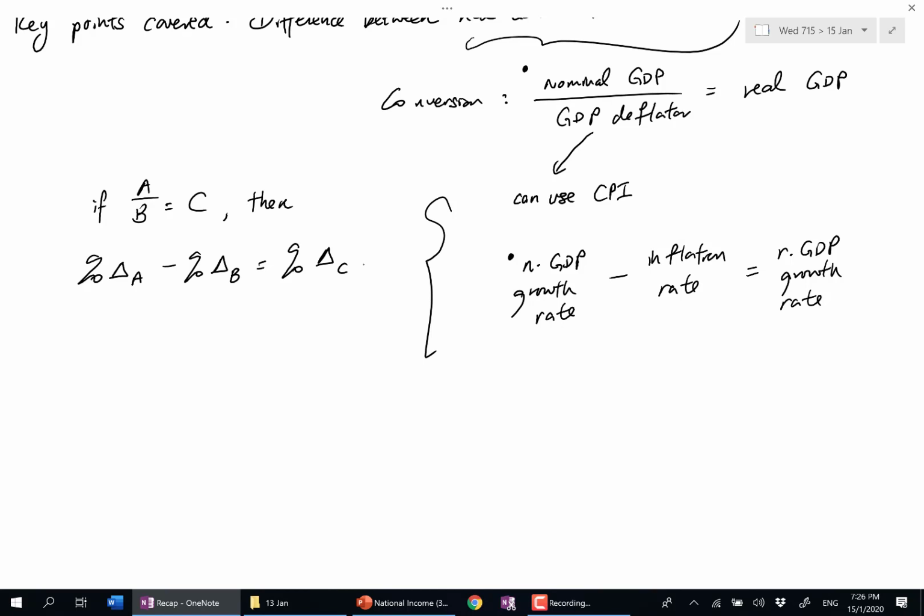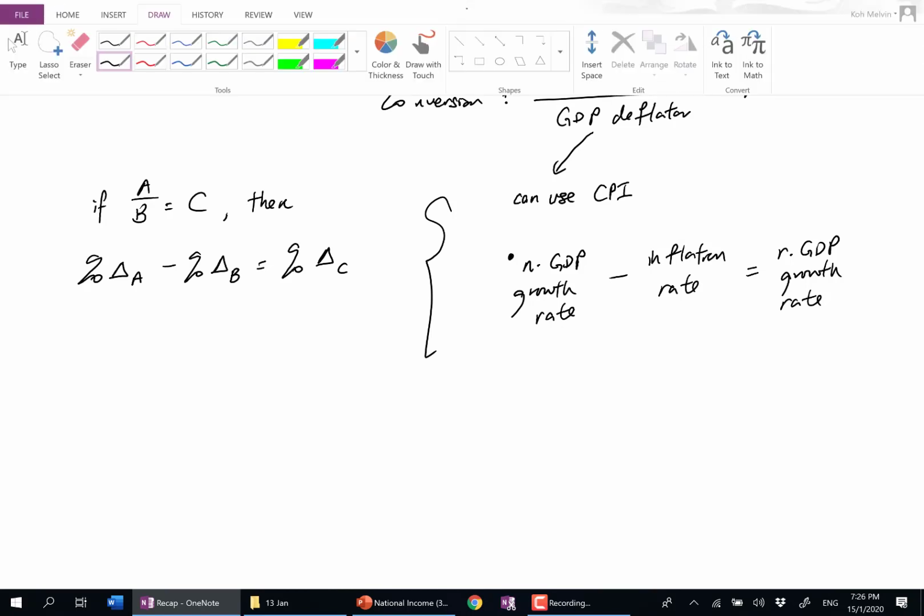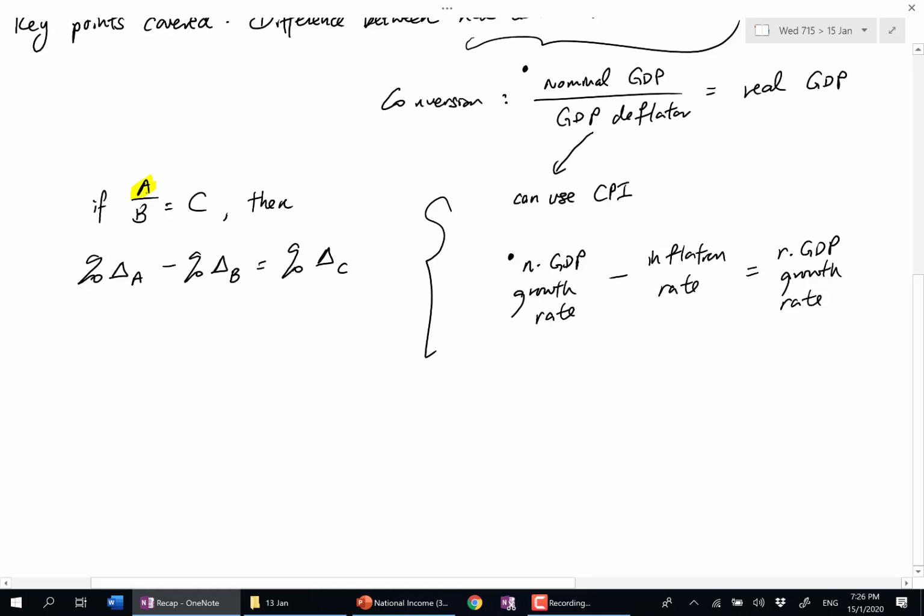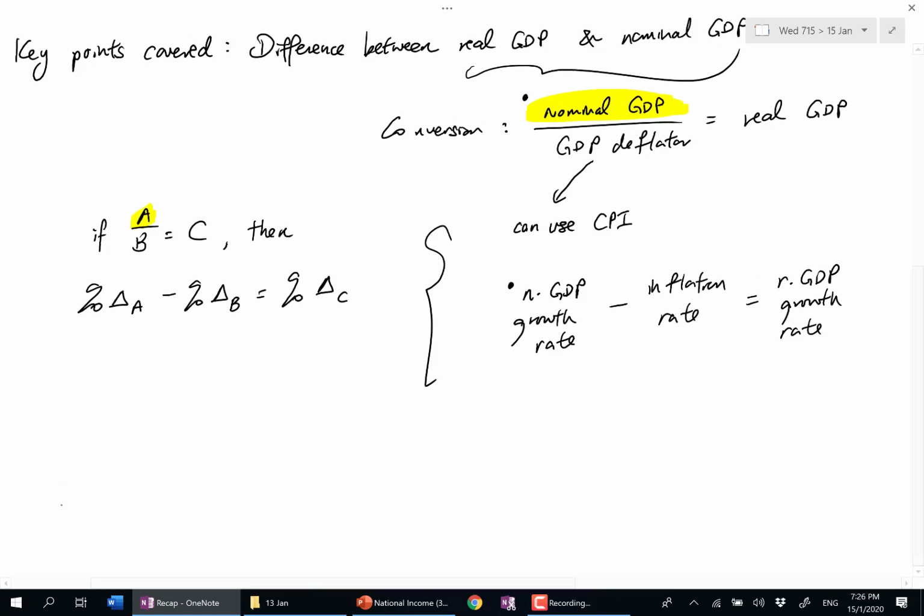So if you look at what we have here, what is A? A is nominal GDP, correct? Can you see that? A over B equals C. A is nominal GDP. So percentage change in A is nominal GDP growth rate. Does that make sense?